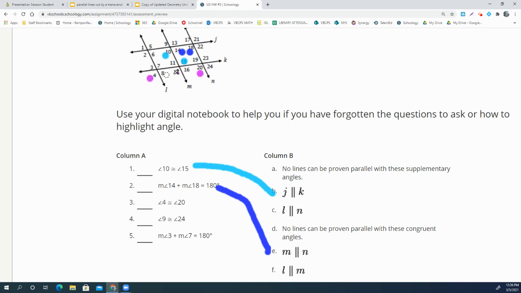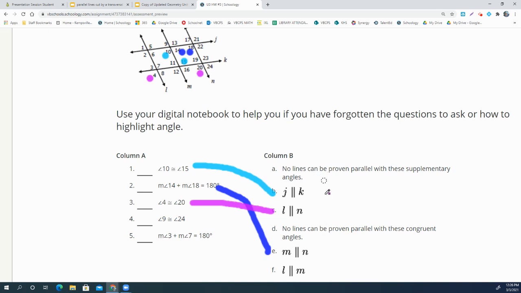I can slide 4 right onto 20 or slide 20 right onto 4. So what lines are parallel? K is the transversal. Transversals are not parallel lines. L and N. So L and N are my cross streets. L and N. Okay.